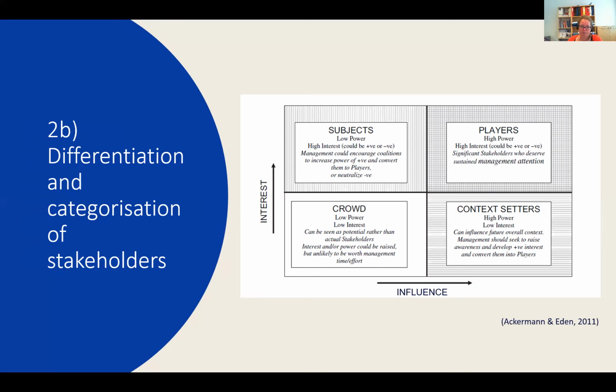And the point of using a grid like this is that by understanding where stakeholders sit on this type of grid, placing them in a grid like this is central to developing stakeholder management strategies and ensuring good processes for stakeholder participation.